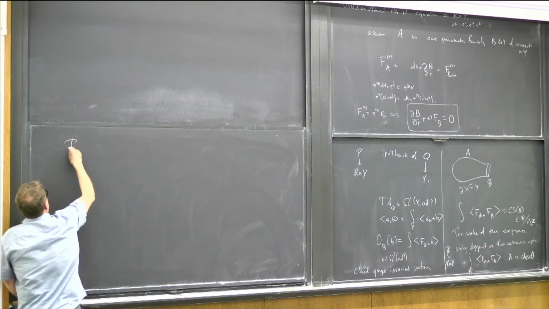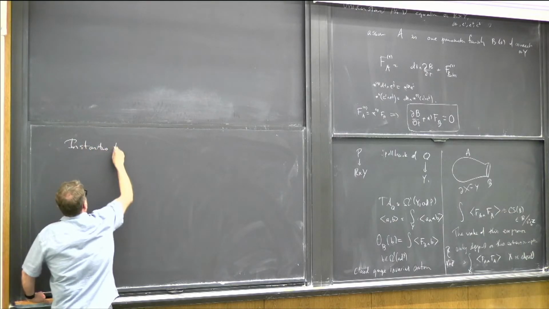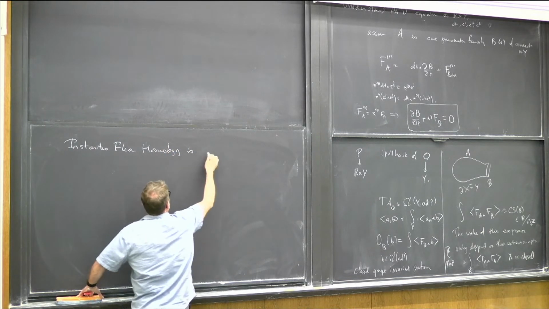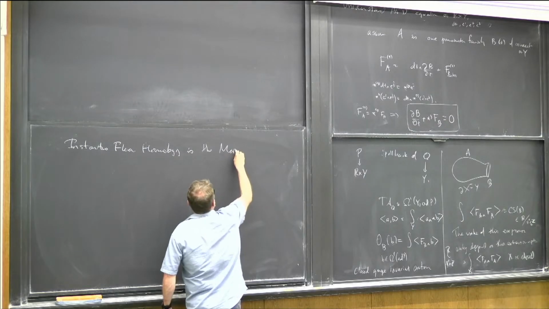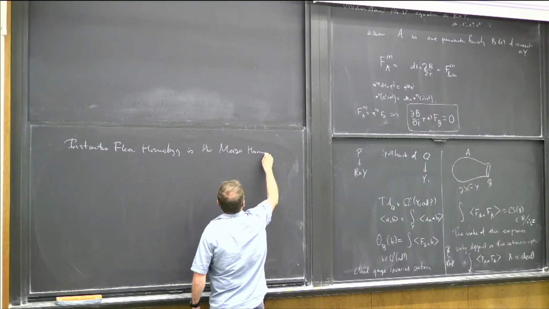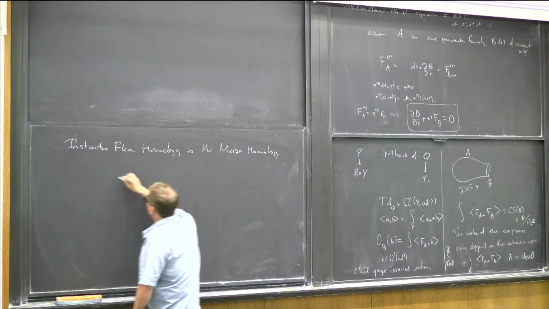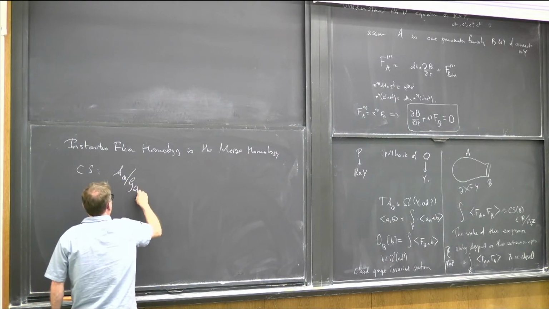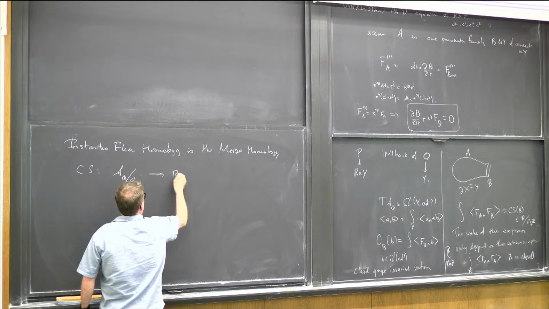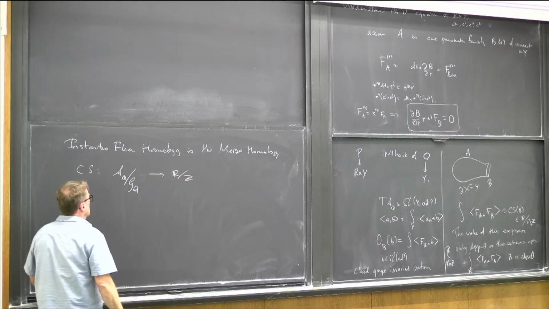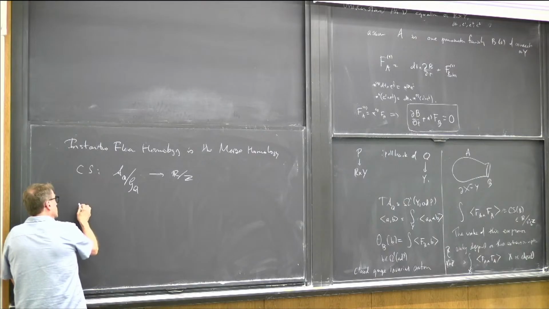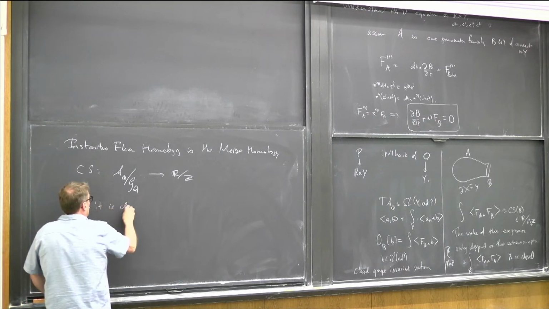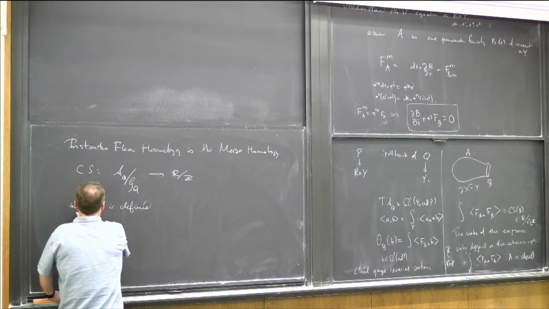So the Instanton Floer homology is a Morse homology of Chern-Simons on the space of connections in Q mod gauge transformations in Q, with value in R mod Z. And this is, I should say, when it is defined.